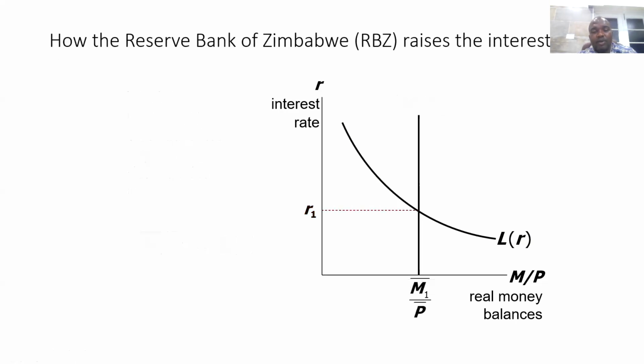At that point, the interest rate is R1, and the real money balances are M1 with a bar over P. In the case of the United States of America, an increase in the interest rate would necessitate a reduction in money supply.